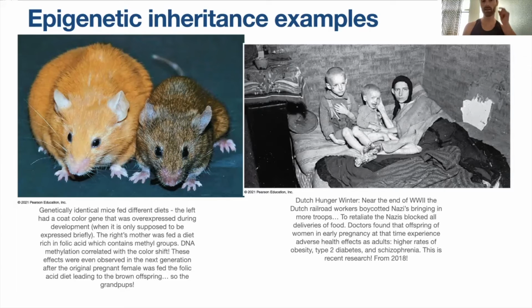And amazingly, this mouse got pregnant as well without even being fed the folic acid diet. The offspring of this mouse had the same fur color, and they didn't feed this one the folic acid diet, meaning this is epigenetic inheritance. The epigenome, the methylation pattern, was passed on to this mouse's offspring.